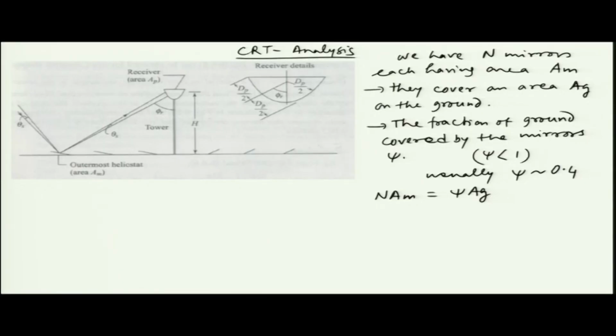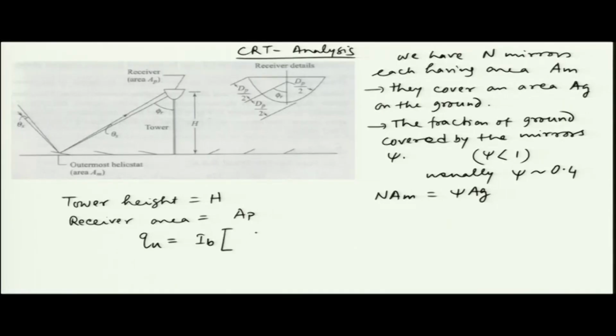Okay. Now, if we have this tower height as in this figure to be h, and the area of the receiver is AP, then what we can write is this QU will be IB multiplied by, this is a new thing which I will explain in a bit, multiplied by rho tau alpha AM minus UL AP (TPM minus TA).